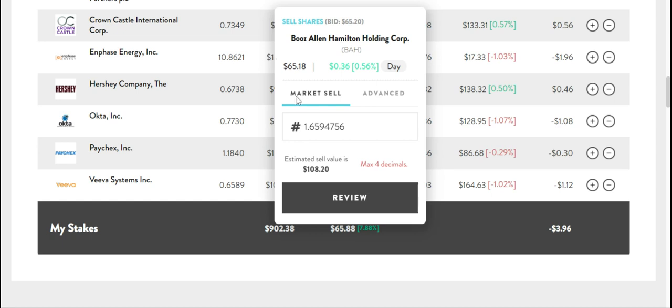Now, if you were to basically have a market sell, that's the number of shares that you hold. You own 1.6594 shares. If you were going to click on that and then click on review, it basically means that it puts your order into the market straight away. And you don't want to do that unless you want to sell the shares, literally right now.